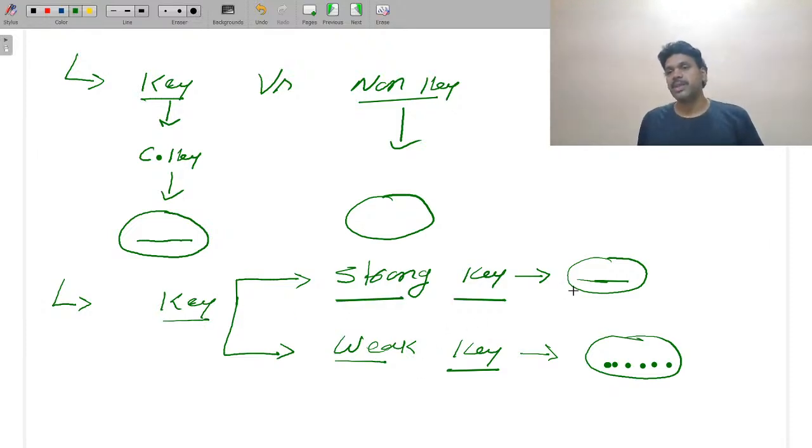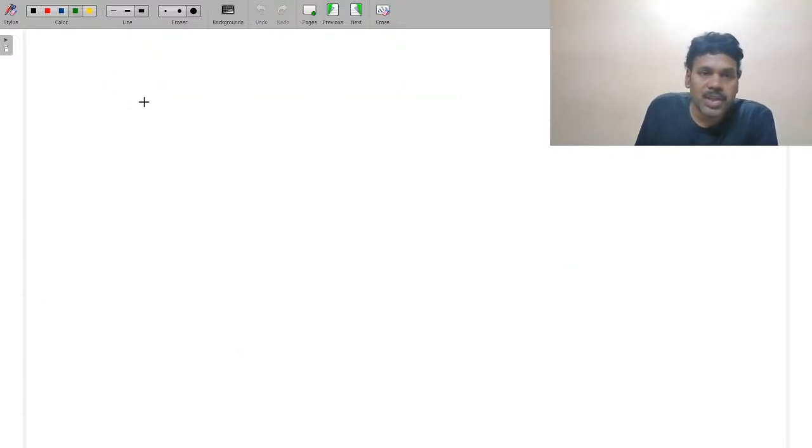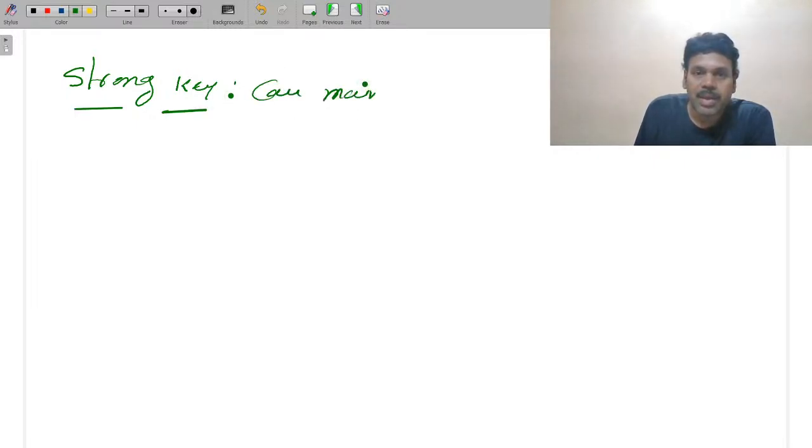What's the difference between them? The difference is, when you talk about a strong key, the meaning is that it can maintain uniqueness in the entity.